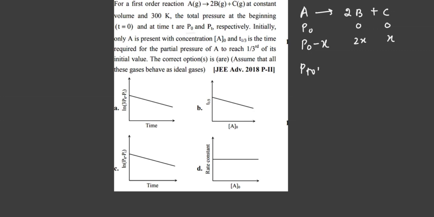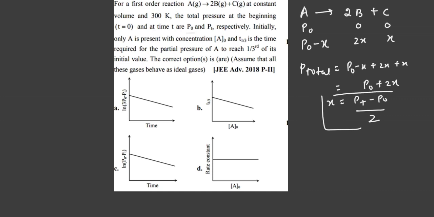Now the total pressure, P total, is equal to P naught minus X plus 2X plus X. So on solving, it will give me P naught plus 2X. Or I can write that X is equal to (P total minus P naught) upon 2. So this is the value of X.